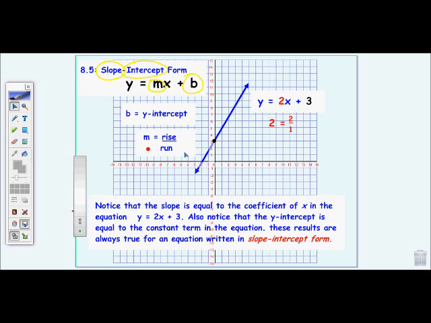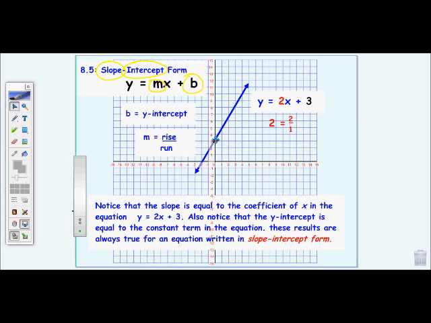Okay? Now, it says that m is the slope, or rise over run. So what I was just showing you on the board a minute ago, if I take my slope dot, I'm going to start at my beginning, my y-intercept. What does it say the slope is? 2, right?